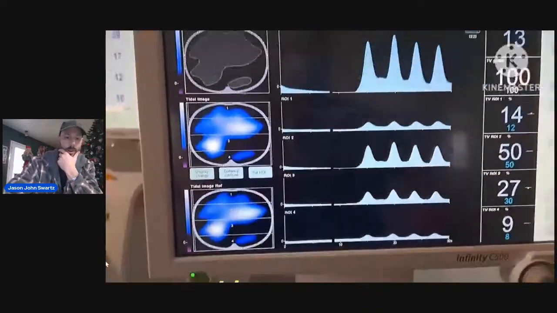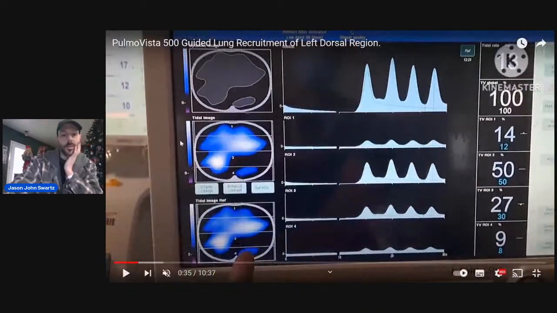Okay, so here we are. Right over here, guys, all the blue is where the distribution of ventilation is. So the larger the tidal volume that he's taking, he's sucking in. So the right side is fine. That region 3, which is mid dorsal, is not.